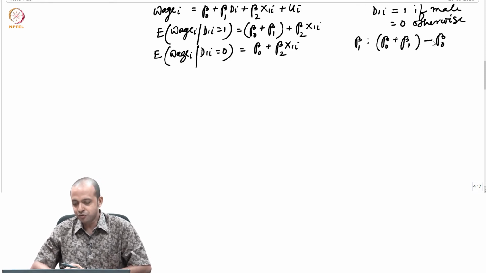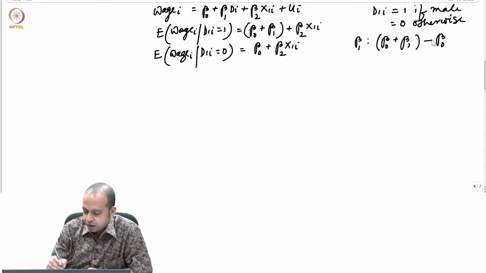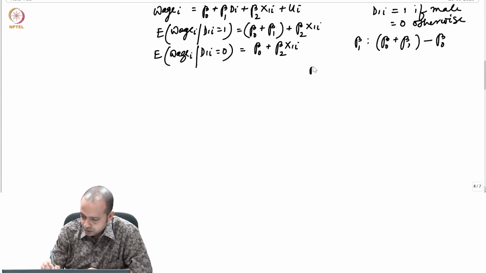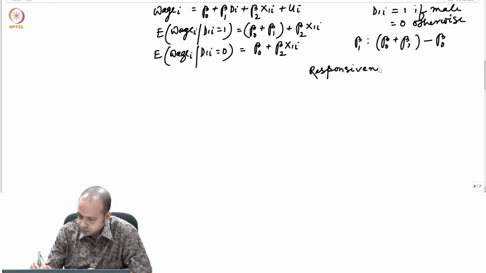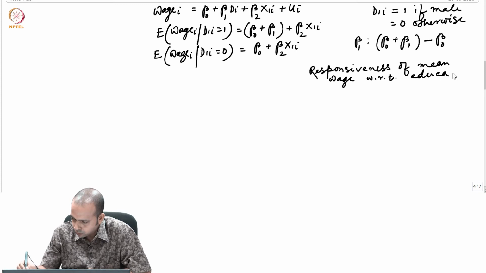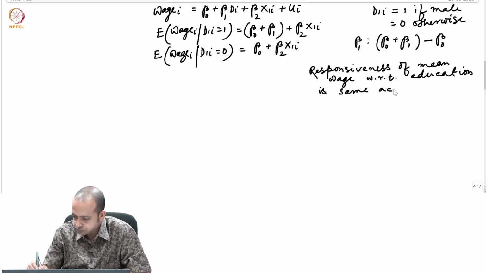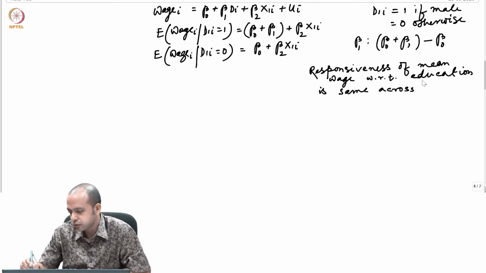Okay. So, that means what I am assuming in this model is that the responsiveness of mean wage with respect to education is the same across gender.